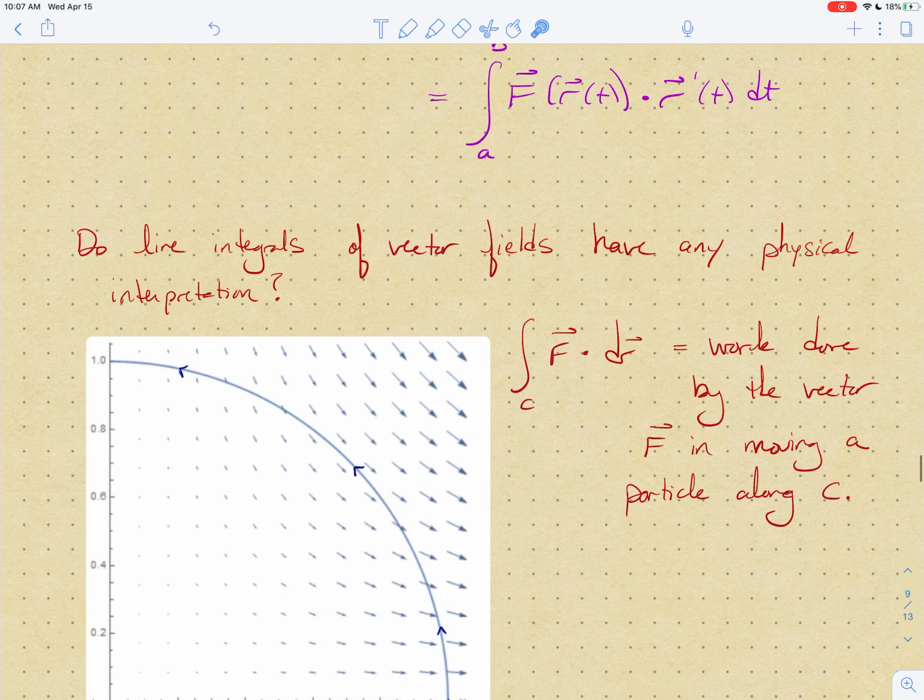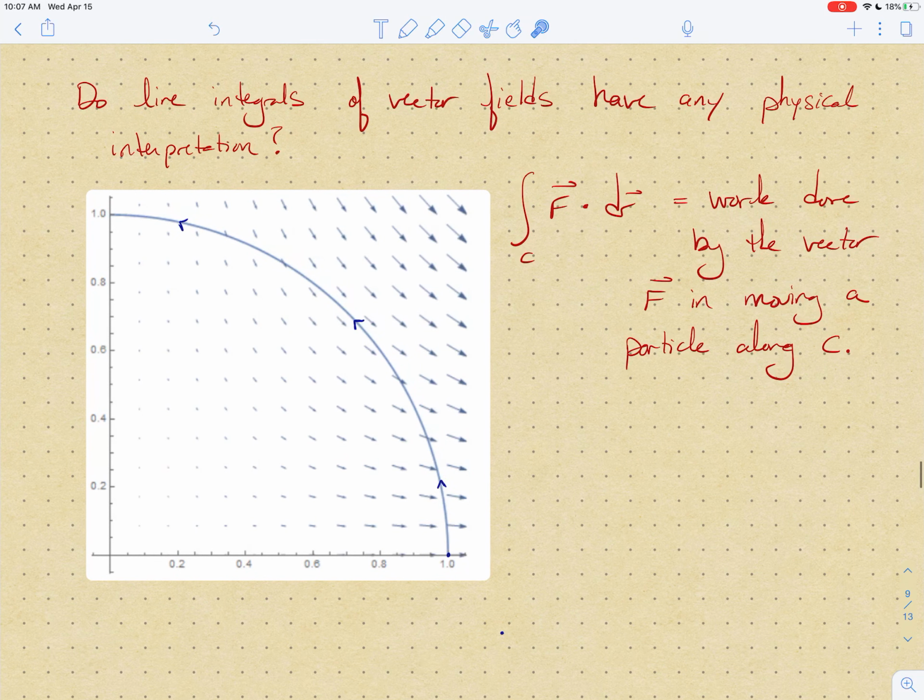And okay, so before we end this video, let's ask ourselves, do line integrals of vector fields have any physical interpretation? The first kind of line integrals of scalar functions, when your curve was lying in the xy plane and your scalar function was a function of 2 variables, we could interpret that as the area of a curvy fence.